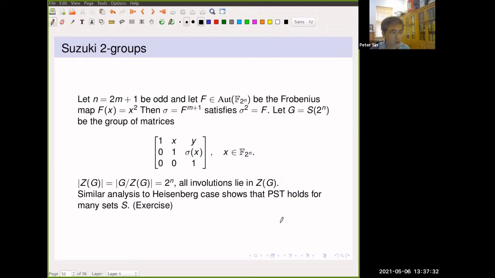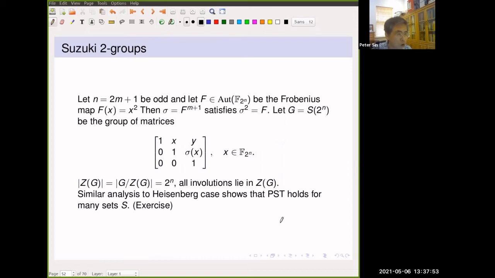Suzuki 2-groups were defined more generally in a paper by Graham Higman called Suzuki 2-Groups. But among those are these that appear as Sylow 2-subgroups of those simple groups. So let's look at how they're defined.